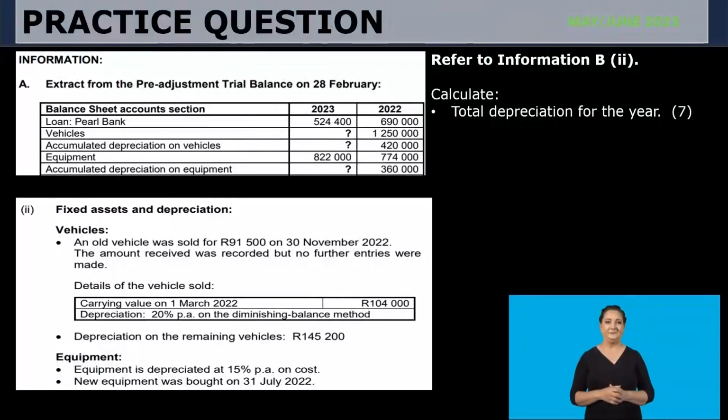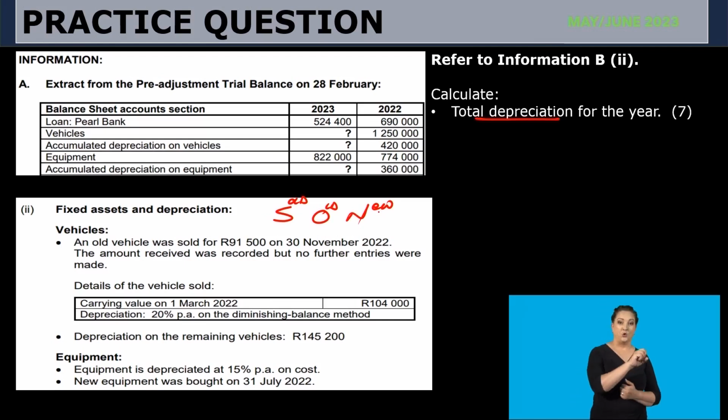Here's the next one. It says, calculate the total depreciation. Ooh, so this one, you need to be ready because we're going to calculate the total depreciation. We know that when we are calculating depreciation, you calculate for the sold, the old, as well as the new.